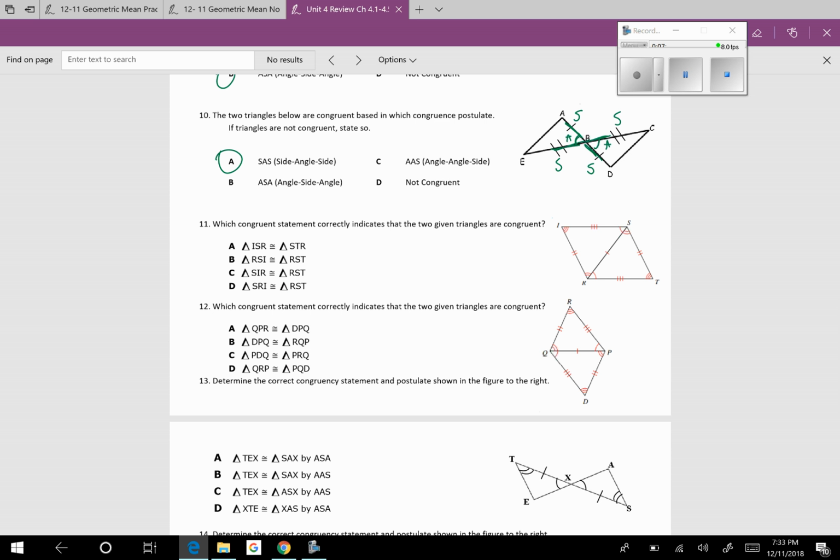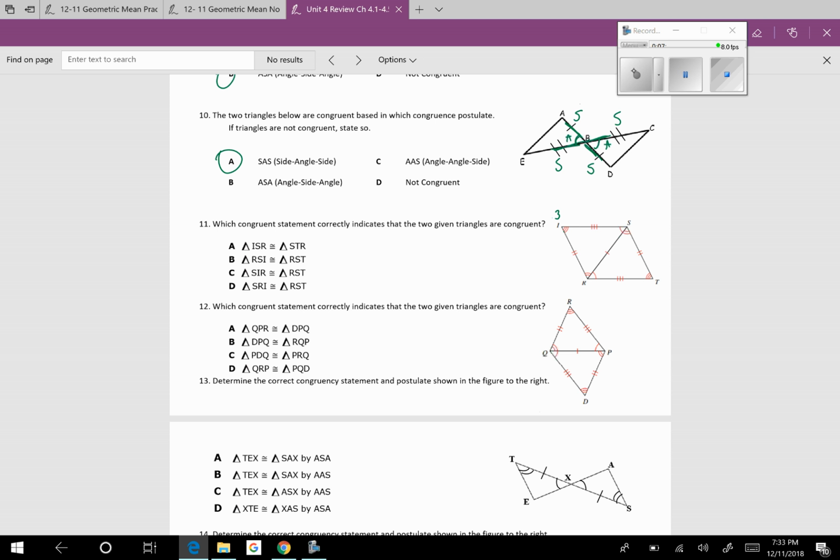All right. Now these ones, you just have to follow the angle markings. So we're trying to figure out which order we have to put the letters in. So go through here, and I want you to label the angles with the number of marks that they have. Okay, so angle I has 3.